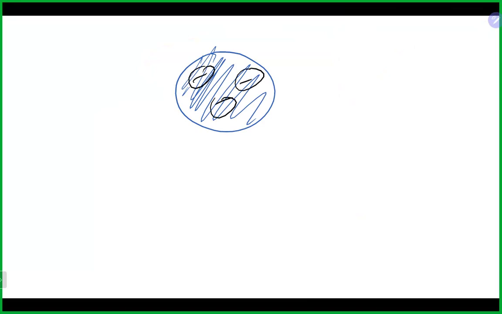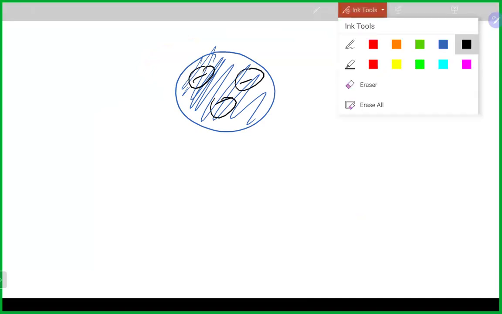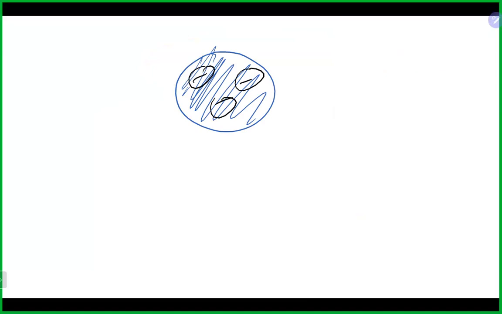Now Rutherford is taking these alpha particles, which are positively charged, and shooting them at this big sphere of positive charge pudding, all spread out.